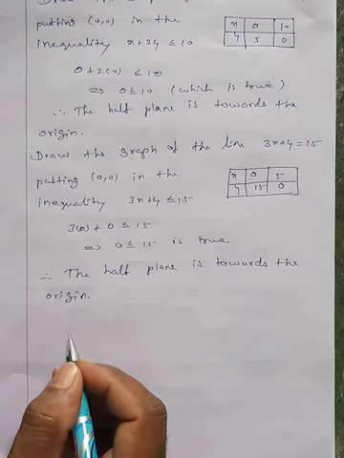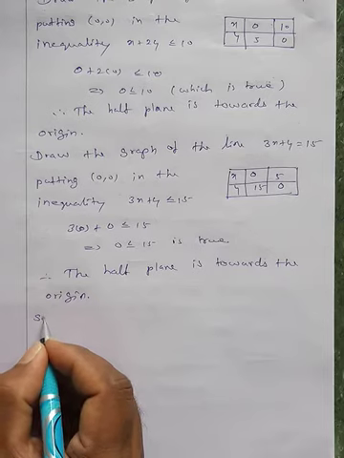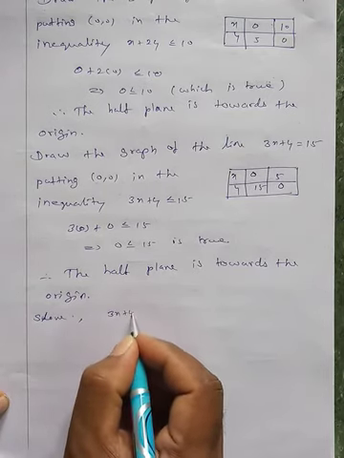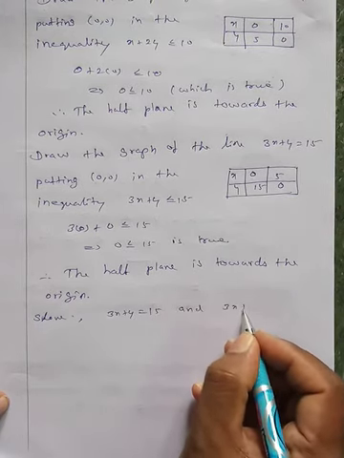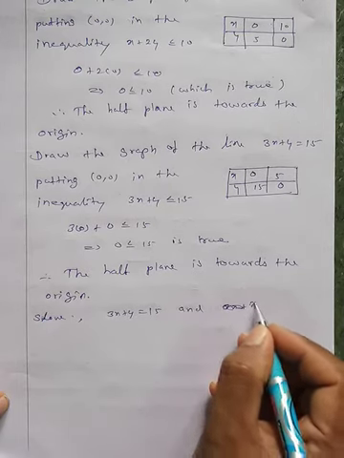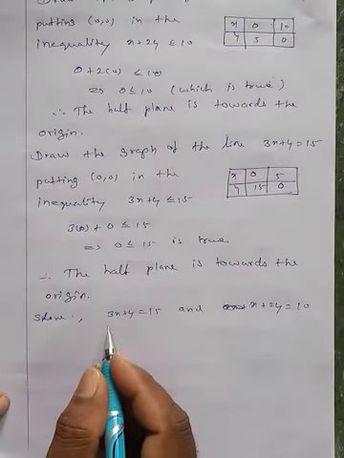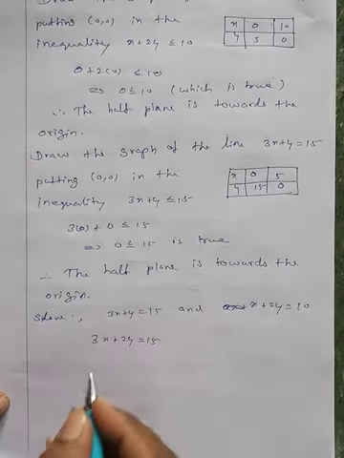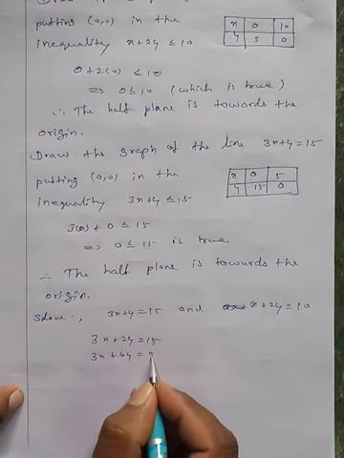Next, solve these 2 lines: 3x plus y equal to 15 and x plus 2y equal to 10. Multiply the equation x plus 2y equal to 10 by 3: 3x plus 6y equal to 30.